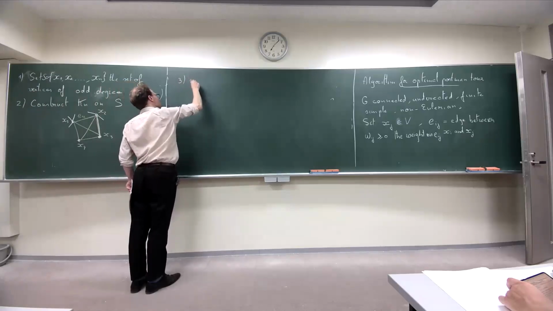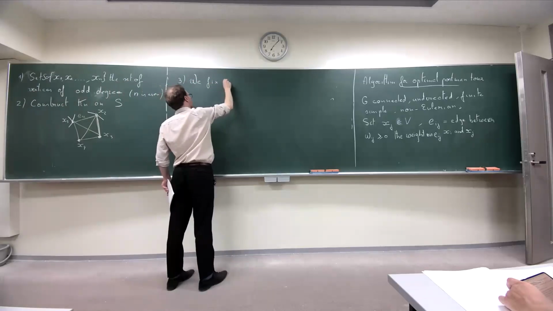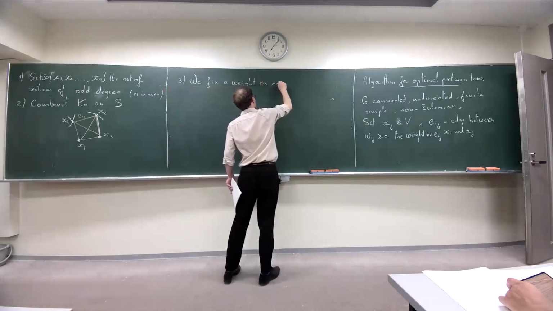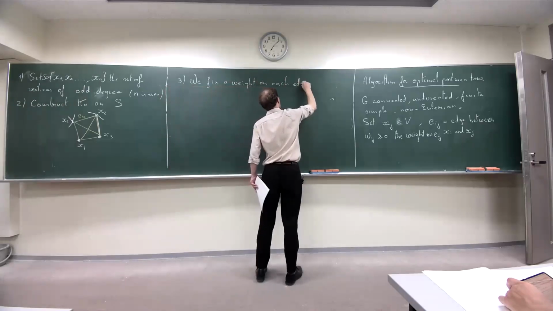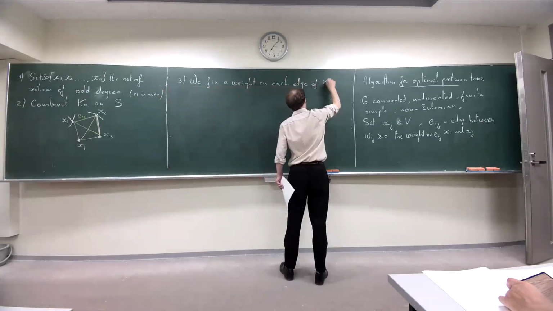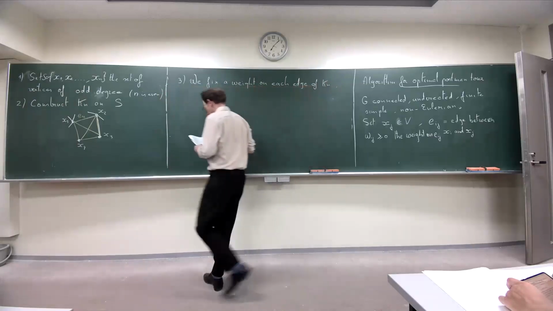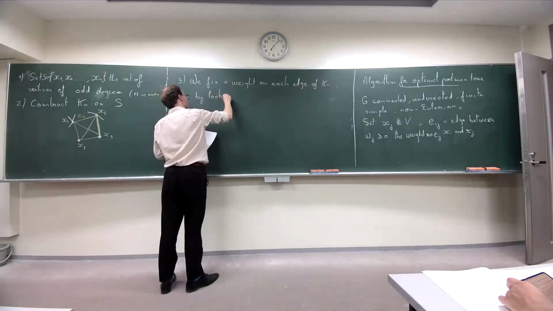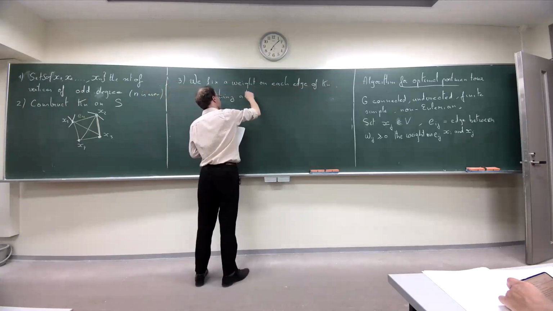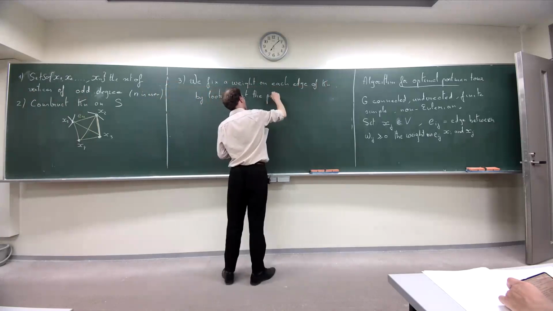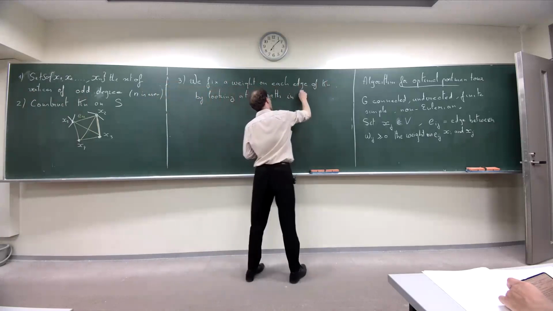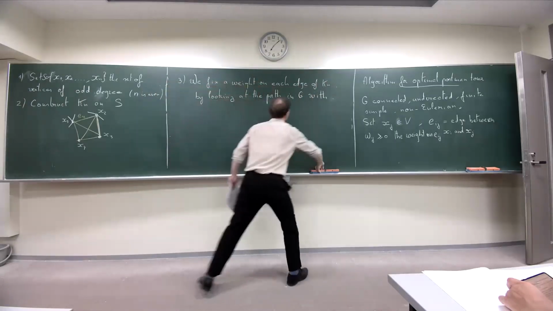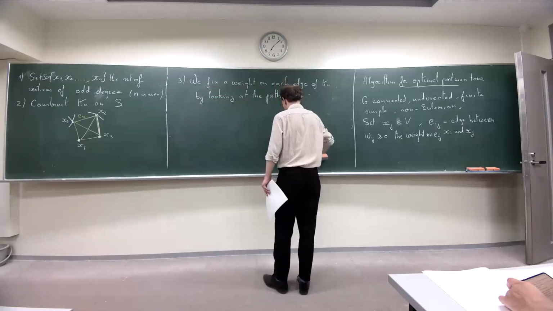So we fix the weight on each edge of Kn by looking at the path in G between, okay, I need to give a name.